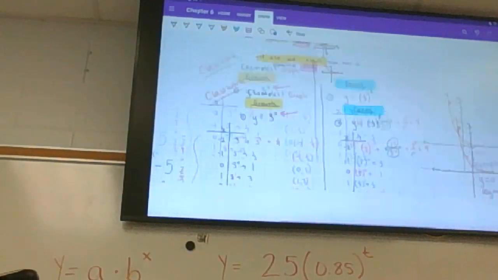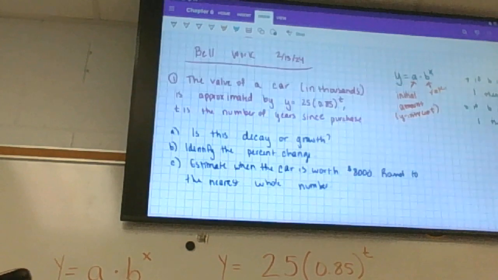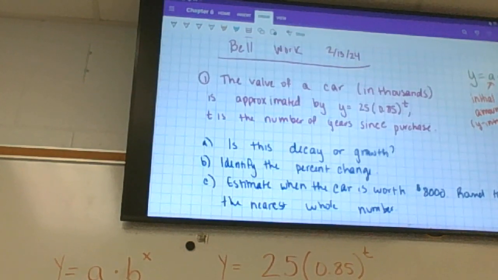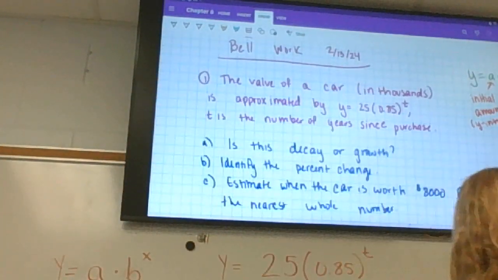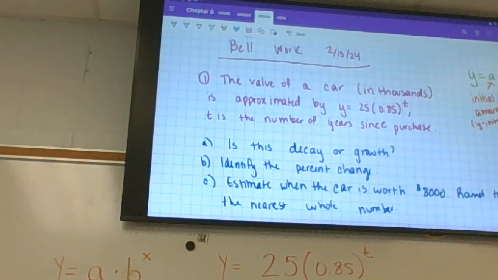So that's using those notes from yesterday. Okay. Identify the percent change is a place that I know I used to mess up a lot. So the answer to letter A is decay function. It's going down.